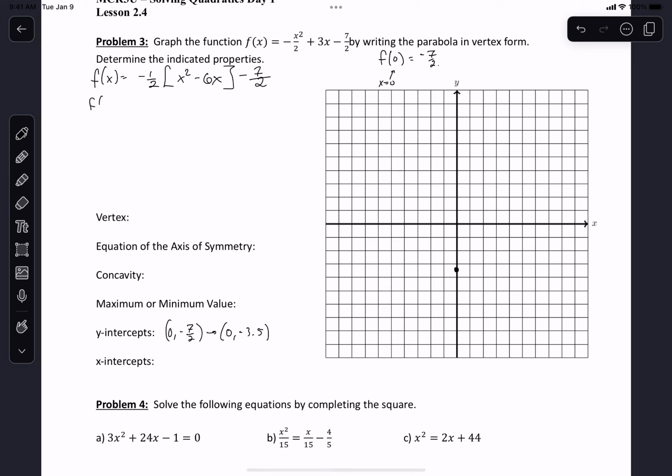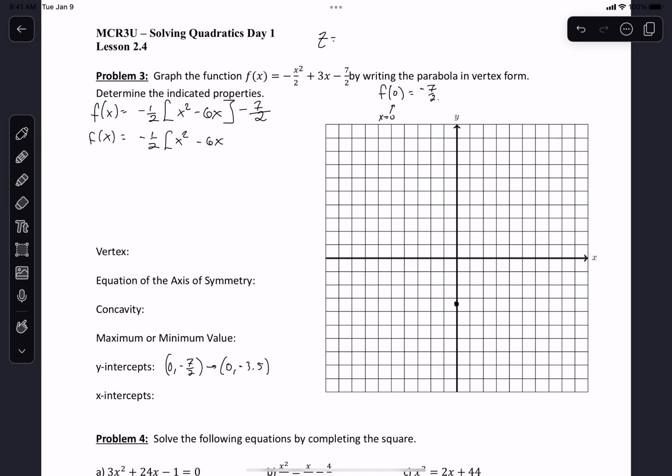Okay, so now f of x is going to equal negative 1/2, and then we're going to get x squared minus 6x. I need to find that plus c minus c value, if you recall from the last video, and we do that via the b divided by 2 squared, which is negative 6 divided by 2 squared, negative 3 squared, 9. So I'm going to add 9, take away 9, minus 7 by 2.